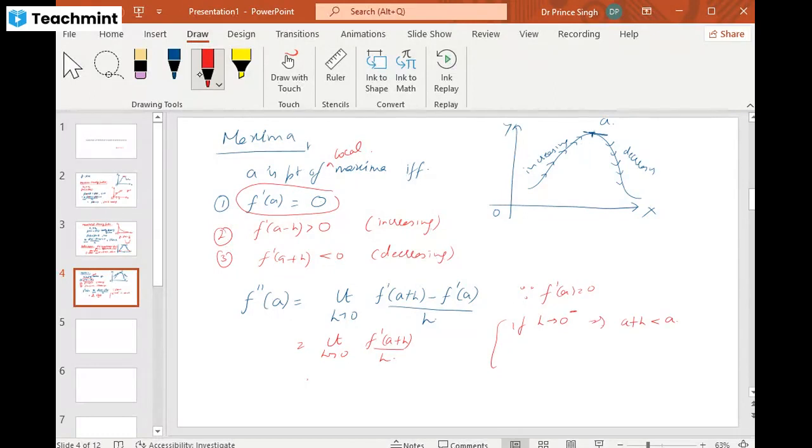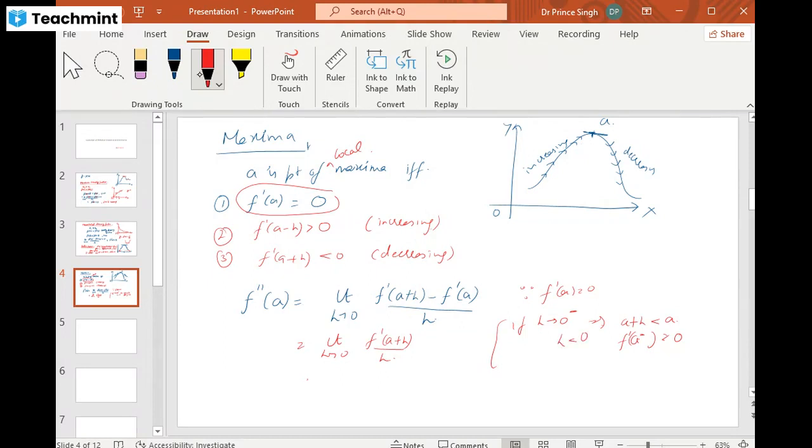A plus h less than a means we are considering the left neighborhood of the point. And it is already known to us that f dash of a minus is greater than 0. And h tends to 0 from negative means h is also less than 0, right?